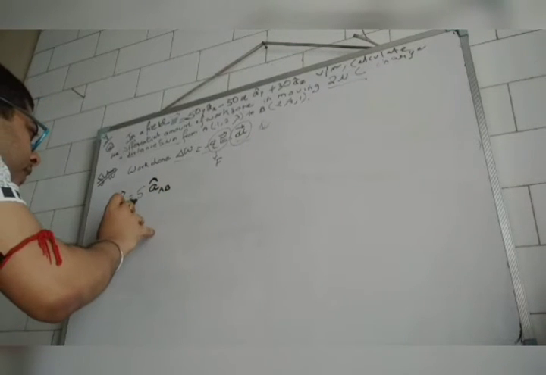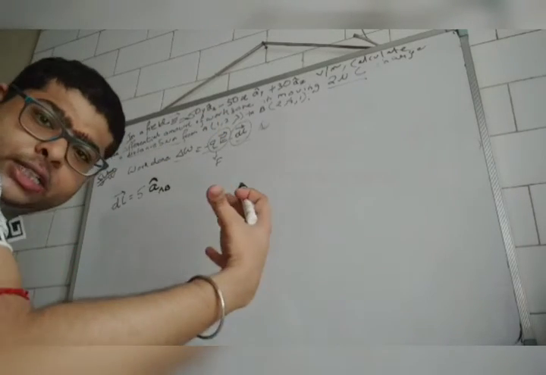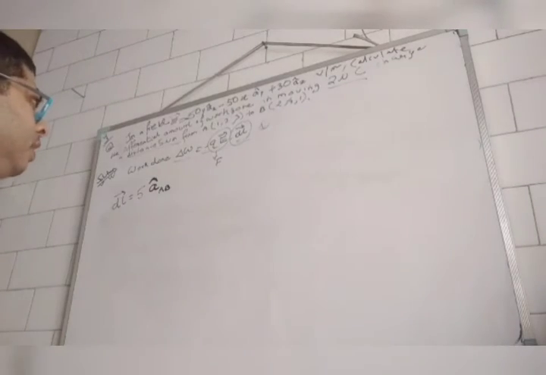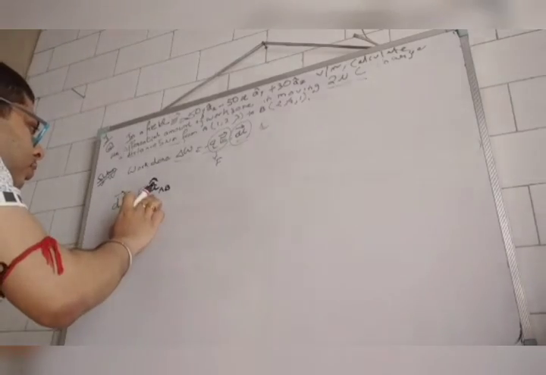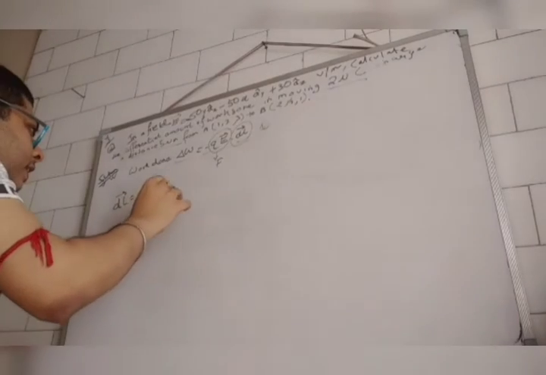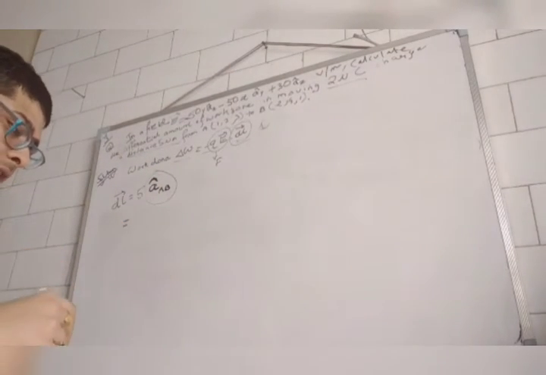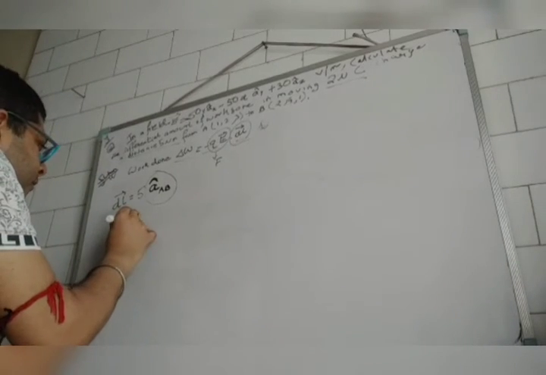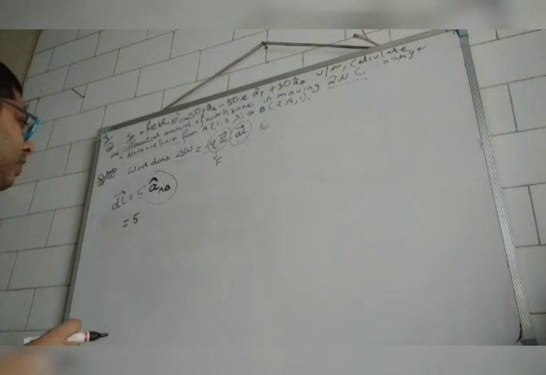Okay, so this is the magnitude, and the direction will be taking that 2 microcoulomb charge from A to B. Now you know how to calculate the unit vector. So what will be my unit vector? It is basically 5 times the unit vector, and this one you can calculate.